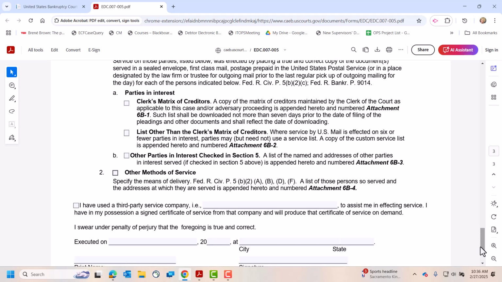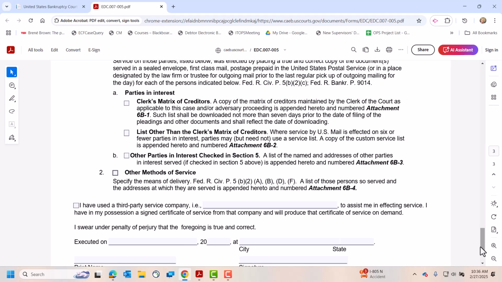For example, suppose that Party A has filed an adversary proceeding naming as defendants Party B, an individual, and Party C, a corporation. Party B has already been served and has filed an answer. Party B is pro se.